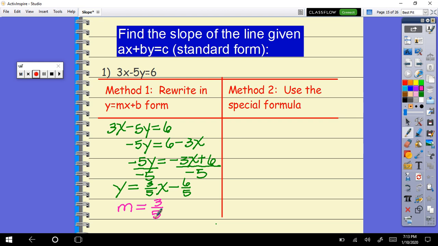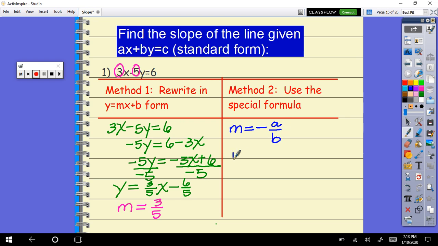Look, guys, do you see that the 3 over 5 is also here? I can see 3, and I've got a 5, but it's negative 5. You may not know this, but there is a slope formula. If you have standard form, the slope formula is negative a over b.